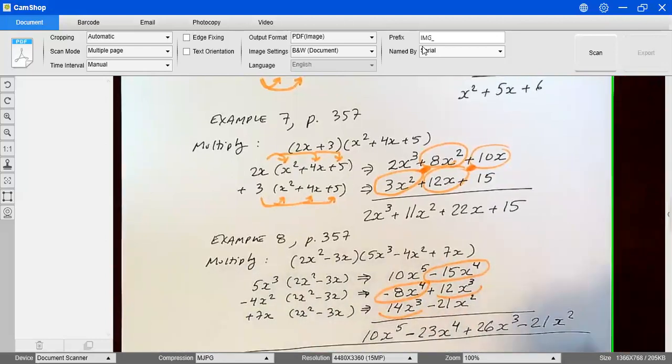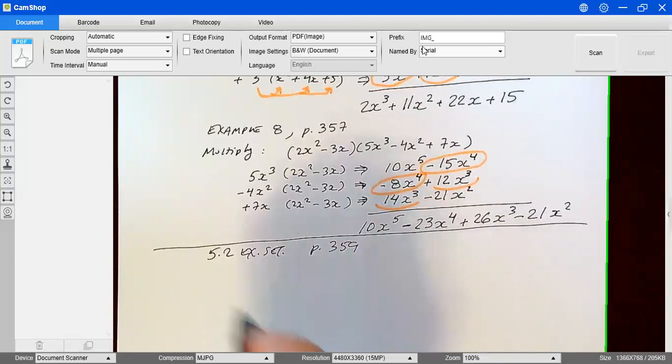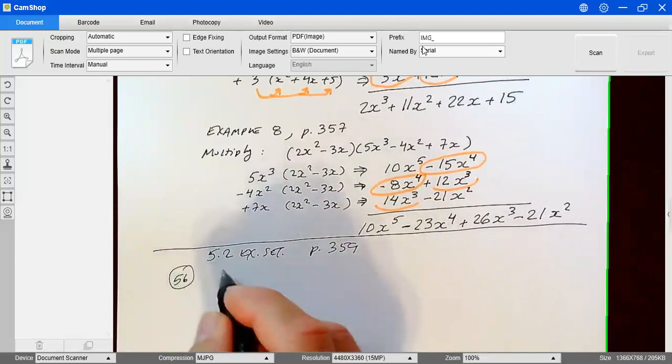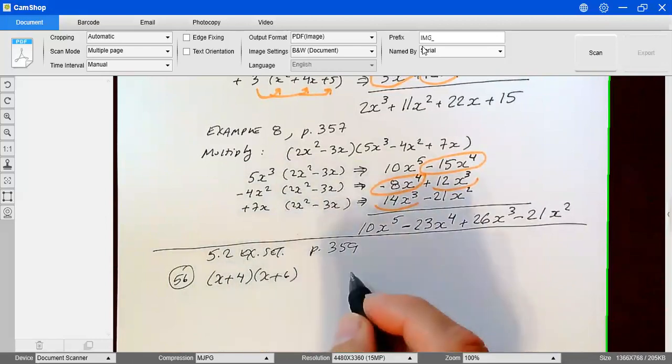So now you're going to work the 5.2 exercise set on page 359. So problem 56 is x plus 4 multiplying x plus 6.